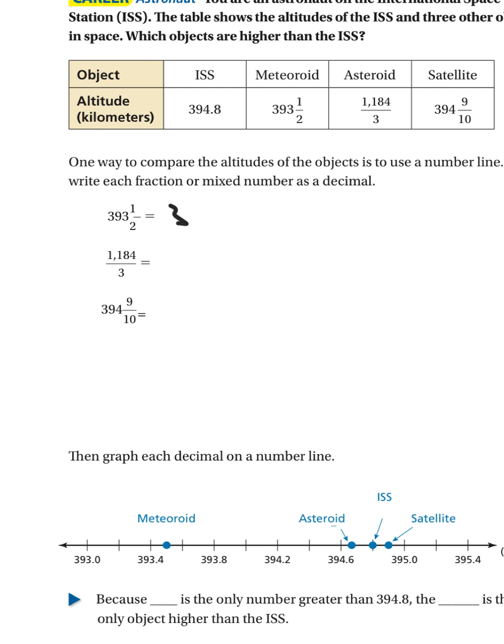We're going to convert that to a decimal, 393.5. And then we have the asteroid height, 1,184 thirds. As a decimal, that is 394.6 repeating. And then 394 9/10 is 394.9.